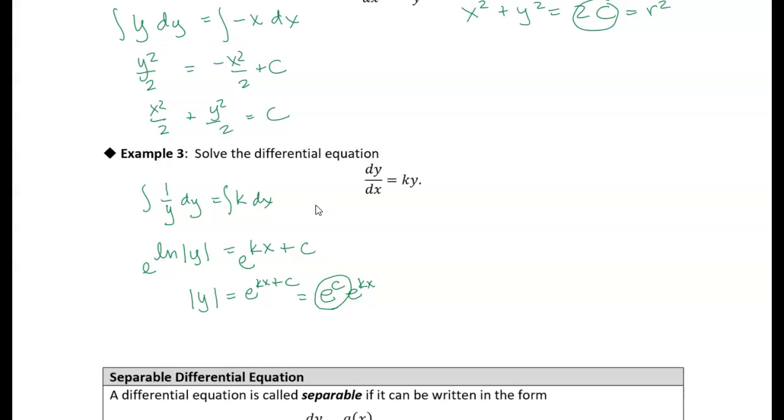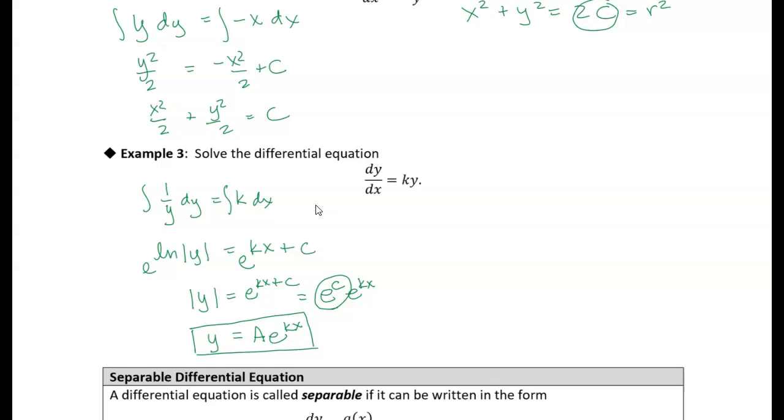So if we want to get rid of the absolute value signs over here, we can say y is equal to a e to the kx, where a is some constant that can be either positive or negative. Okay, so that's essentially our solution: y is equal to some constant times e to the kx.